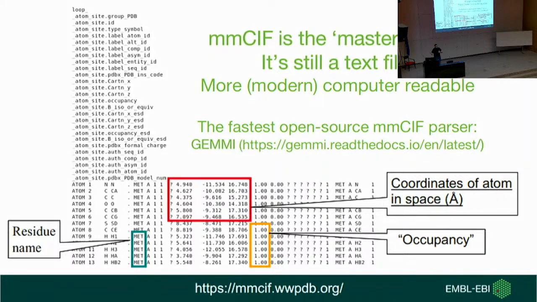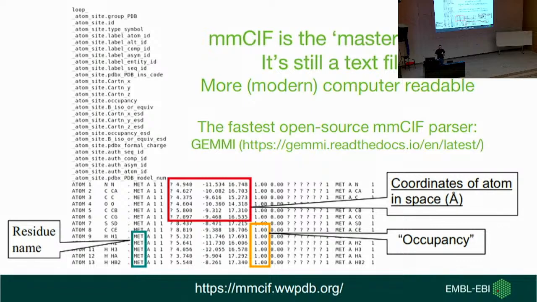This format was already abandoned, and for new structures you can't get it from the database, which is trying to tell all the simulators that they really should stop using the PDB format and start using the new mmCIF file, because this mmCIF file is extendable.